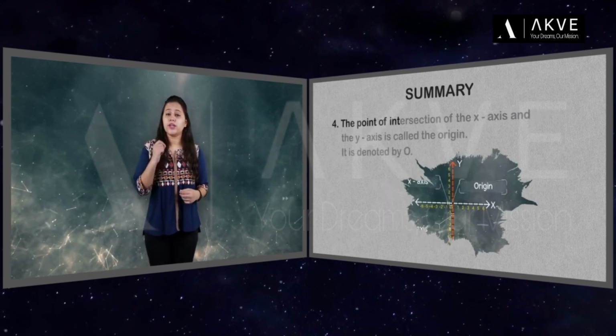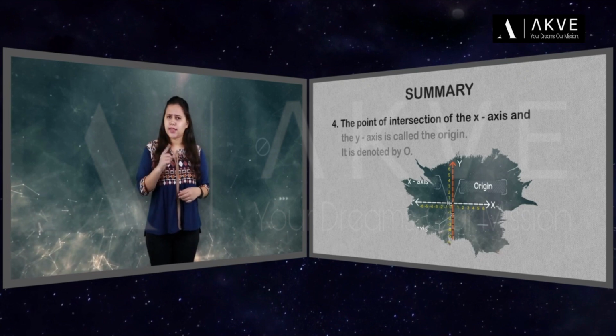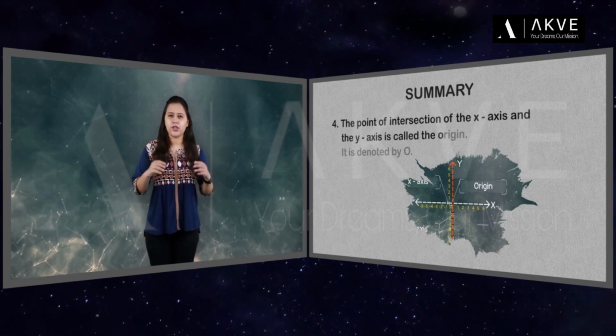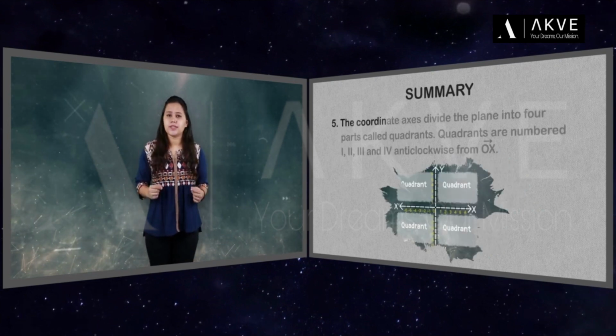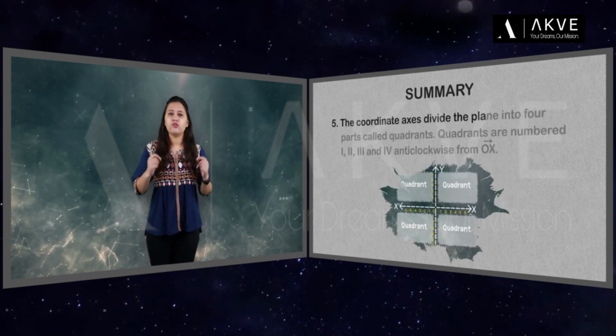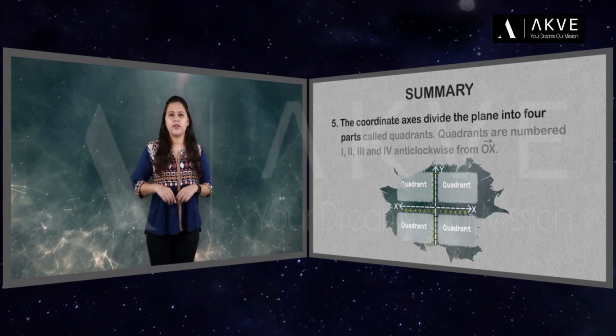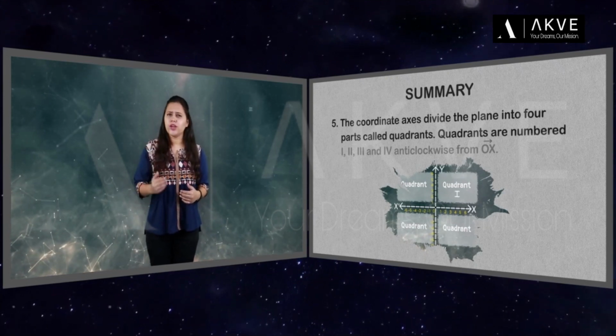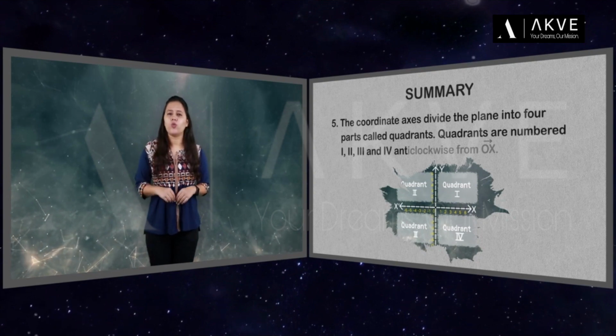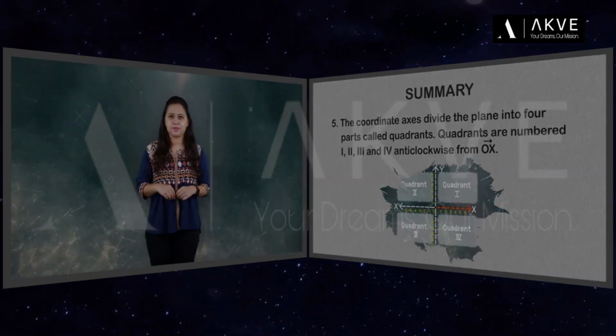The point of intersection of the x-axis and the y-axis is called the origin. It is denoted by O. The coordinate axes divide the plane into four parts called quadrants. Quadrants are numbered 1, 2, 3 and 4 anti-clockwise from OX.